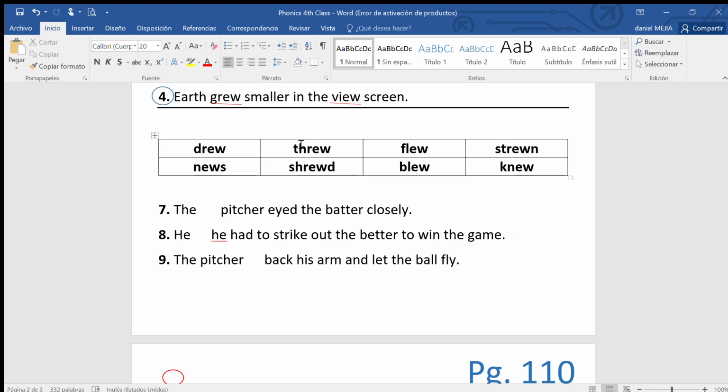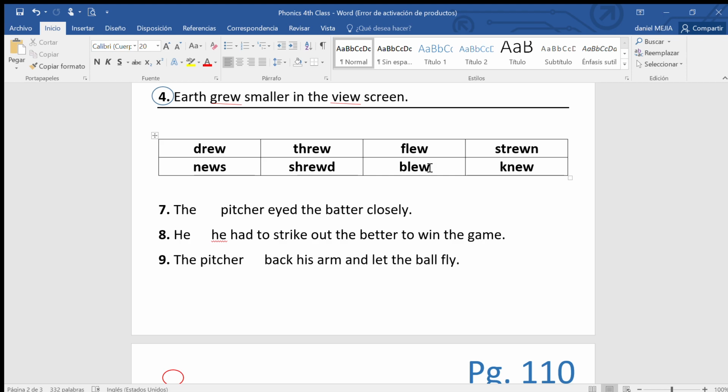Then we have shred, which is when you make faces, like happy faces or silly faces, okay? So that is shred. Then we have flew. What is flew? It is the past of fly, okay? Blew is not the color blue, okay?